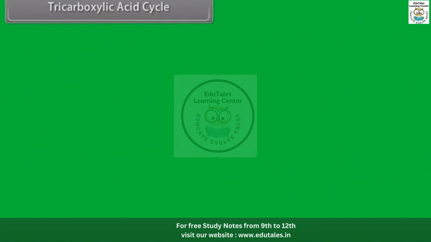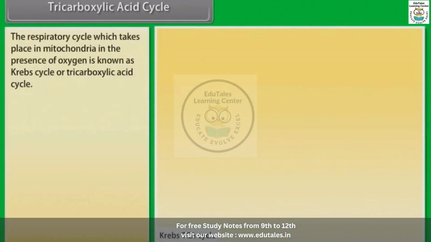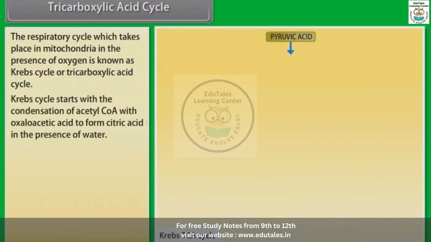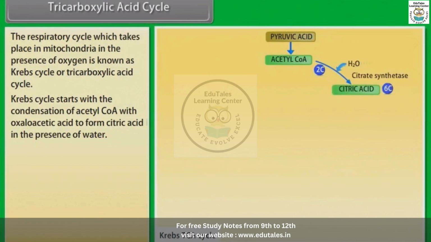Tricarboxylic acid cycle. The respiratory cycle which takes place in mitochondria in the presence of oxygen is known as Krebs cycle or tricarboxylic acid cycle. Krebs cycle starts with the condensation of acetyl CoA with oxaloacetic acid to form citric acid in the presence of water.